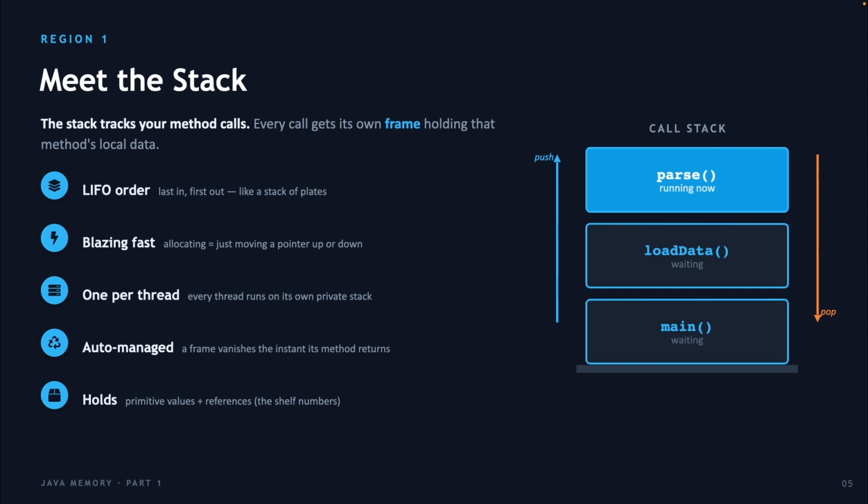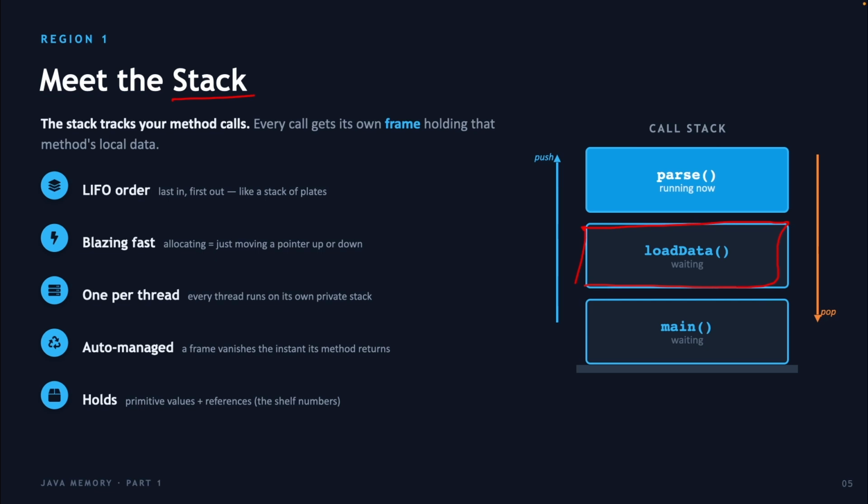Now let's zoom in on the first memory region, the stack. The main job of the stack is to track method calls. Every time a method is called, Java creates a new stack frame. You can think of a stack frame as a small workspace for that particular method, for as long as the method is running.